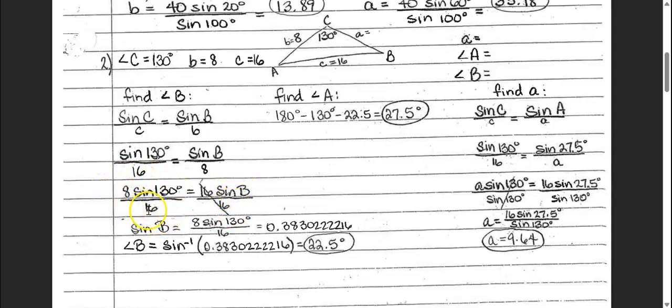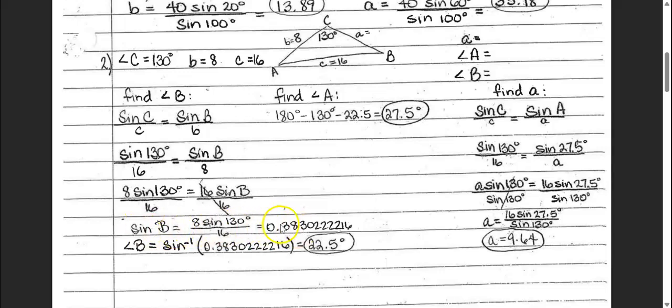Now, when you put this whole thing in your calculator right here, you're going to get this itty bitty teeny tiny decimal. We are not saying that angle B is 0.4 of 1 degree. When you get an itty bitty value, that should let you know, hey, wait, there's still something else I need to do.